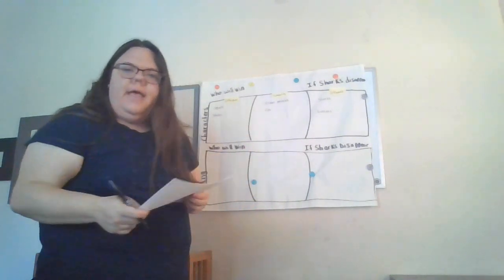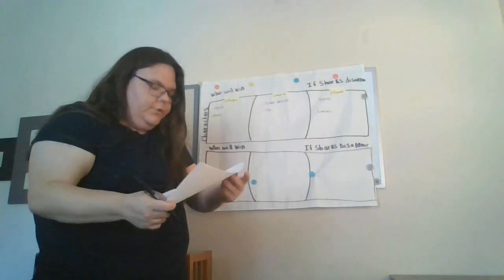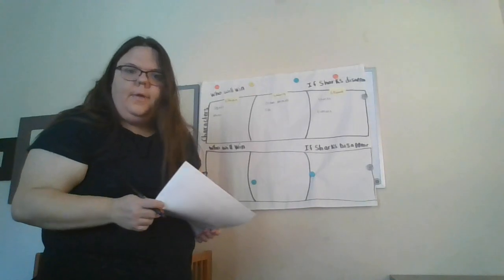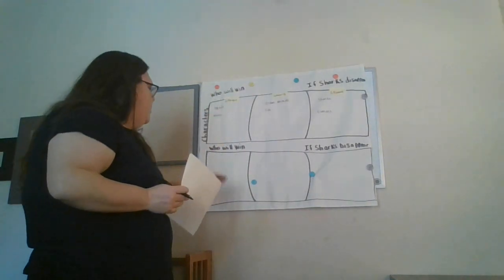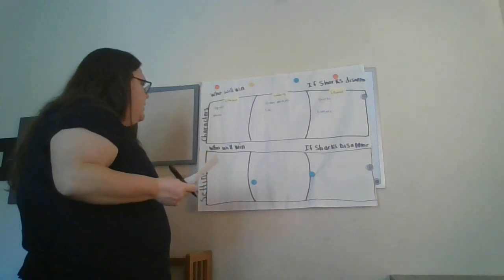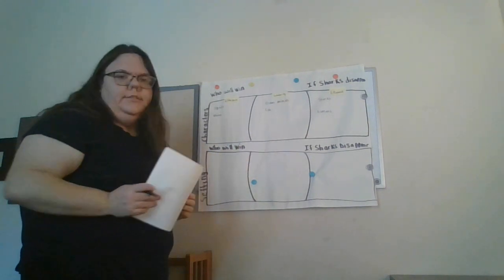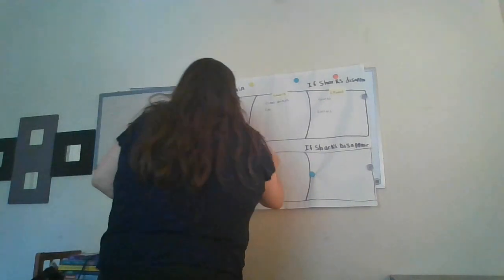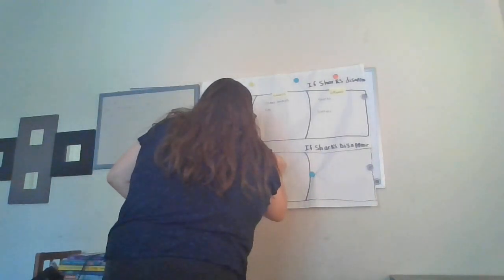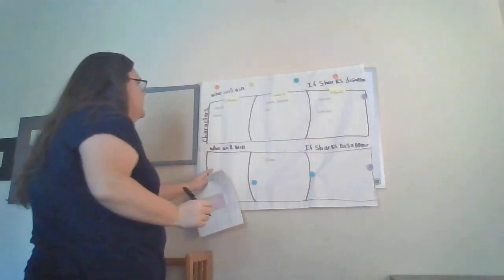All right, now that we have those answers, I want us to start thinking about the setting. Can you tell me what's the difference? So in the story Who Will Win, what is the setting that is different than in the story of If Sharks Disappear? So I know that both of them are in the ocean, so that could be a similarity. And let's think about a difference.